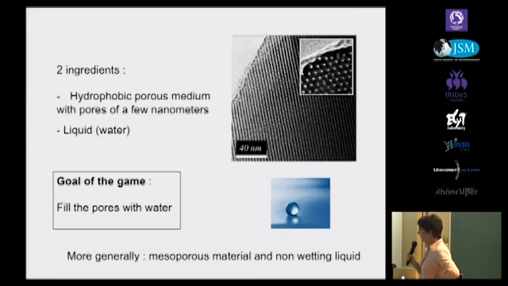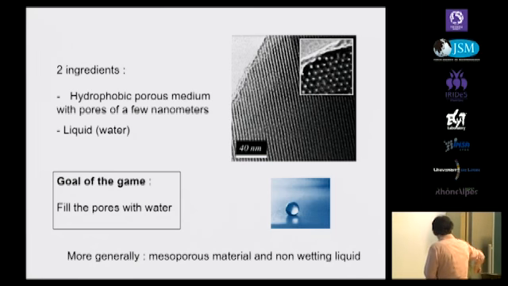And the medium has to be hydrophobic, which means that creating a contact area between the water and the pore involves a high energy cost. The idea of hydrophobicity is sketched here with a drop resting on a flat surface.